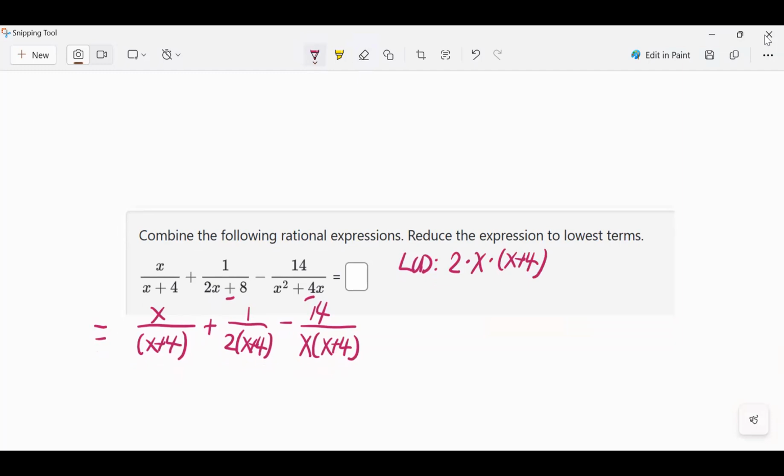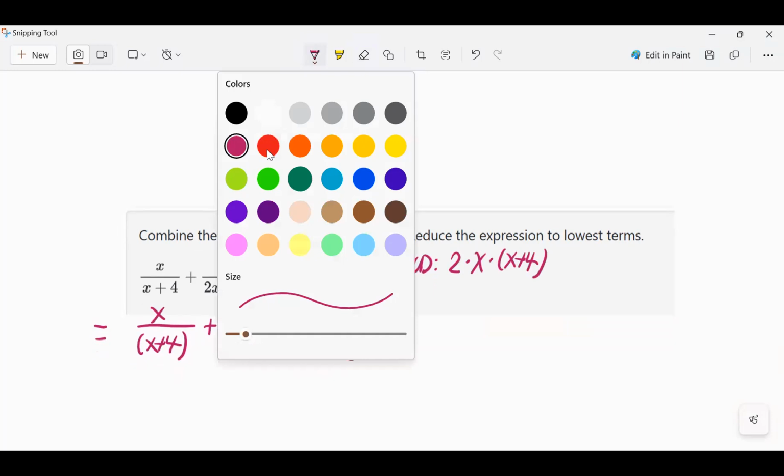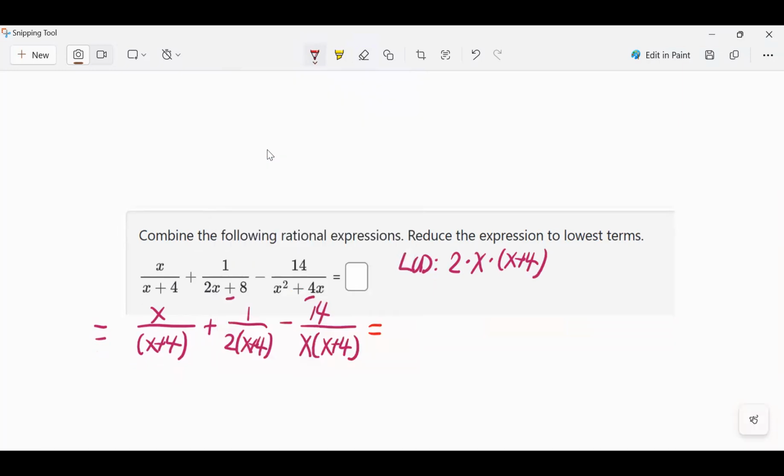Yep. Then let's see what we're going to put in as the missing terms for each one of them. First one is missing 2x. We multiply 2x on both top and bottom. Second one is missing x. We multiply x on both top and bottom. Third one is missing 2.